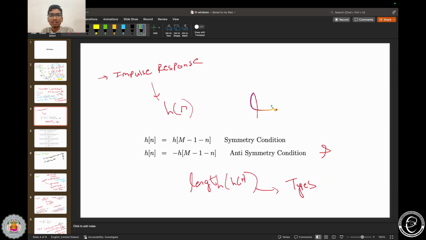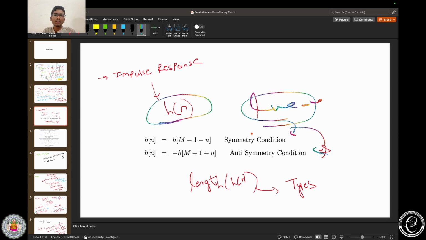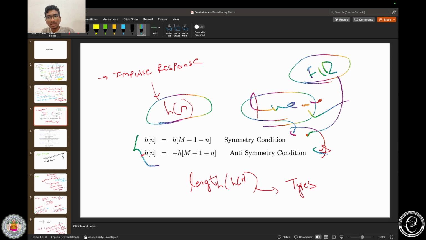The linear phase mainly depends on the symmetric and antisymmetric conditions of the impulse response. Only if these conditions are satisfied will the phase be linear. Otherwise, the phase will be non-linear. Even though it is still an FIR, if it is not symmetric, we'll get a non-linear phase.